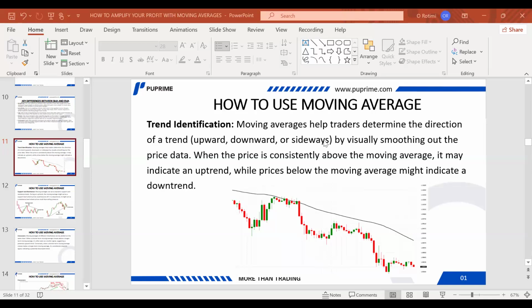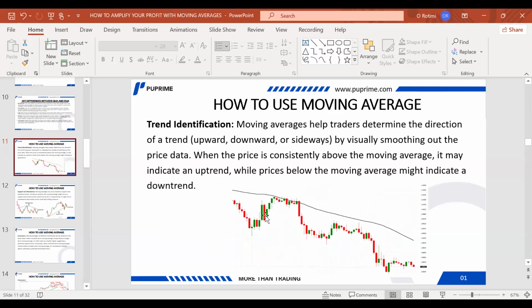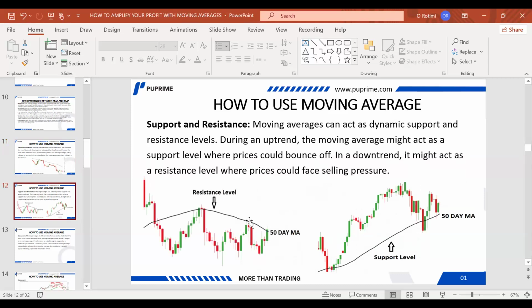When the price is consistently above the moving average, it may indicate an uptrend, while prices below the moving average might indicate a downtrend. And here we can see an example. You can see that the candles, the prices, are below the moving average, which indicates a downtrend. You can see that the trend is moving downwards. And in another instance, we could have a scenario where the price is above the moving average, which could indicate an uptrend.